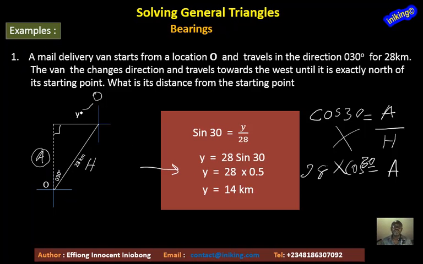However, the other method we see being applied here is a very long route. We are solving for the opposite side, which is y. On getting your y, we can go ahead and use Pythagoras Theorem to solve for this other side.